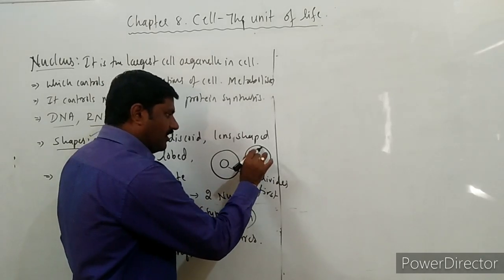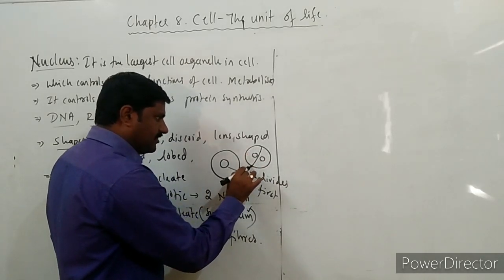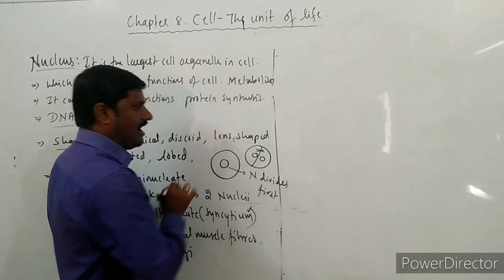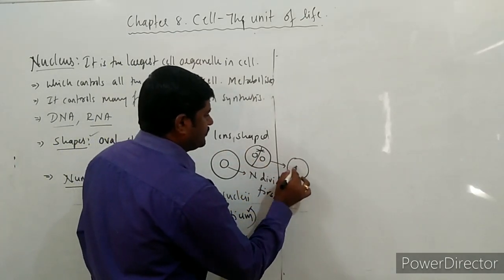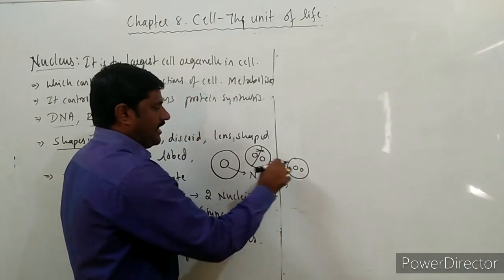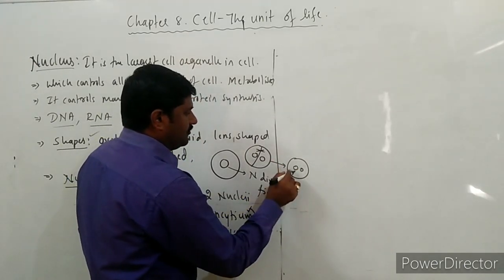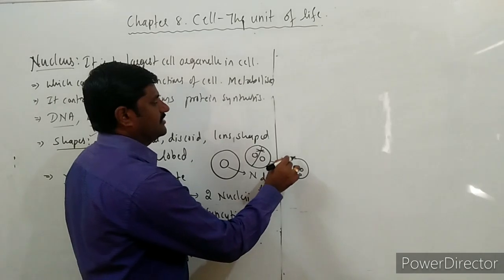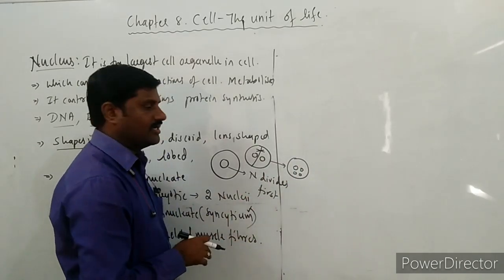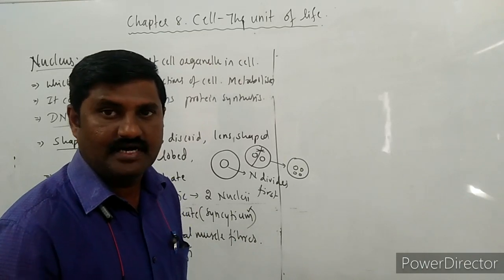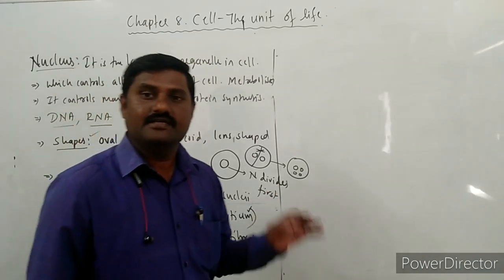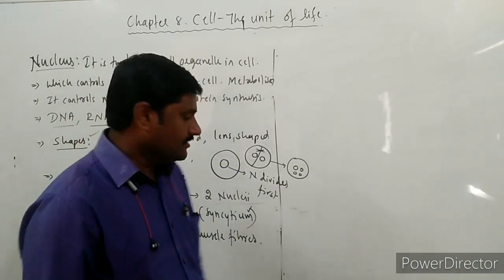Now there is a need for cell division also, but it does not happen. So in this cell there remain two nuclei. Again the nuclei divide into four, but once again the cell division doesn't occur. So what is this condition known as? Syncytial condition. Multinucleate condition is seen here, right?